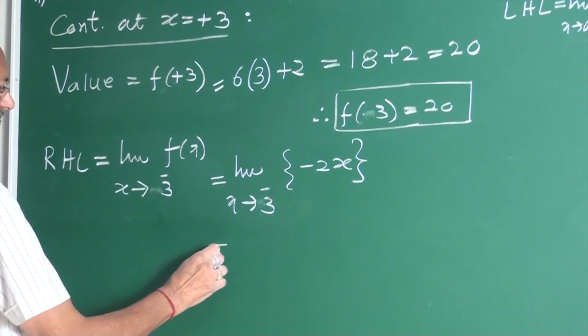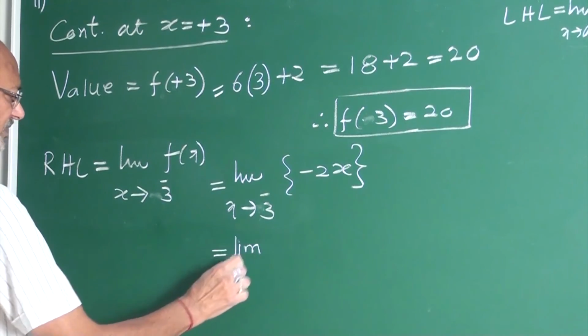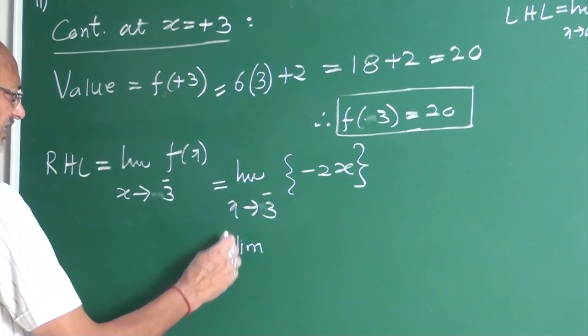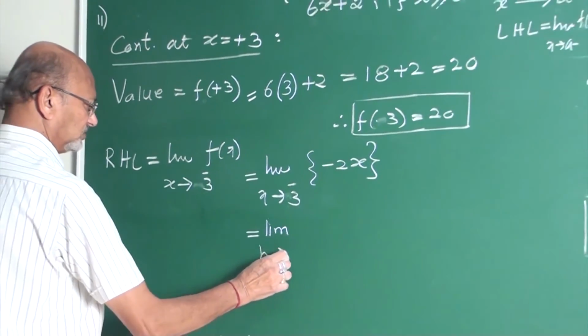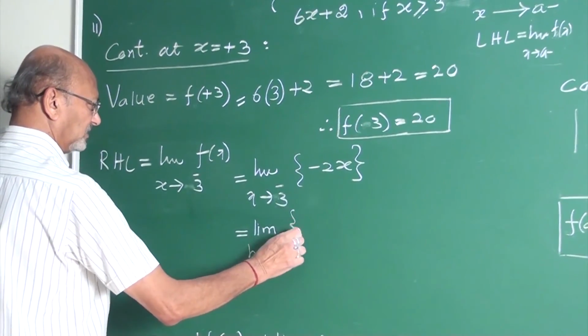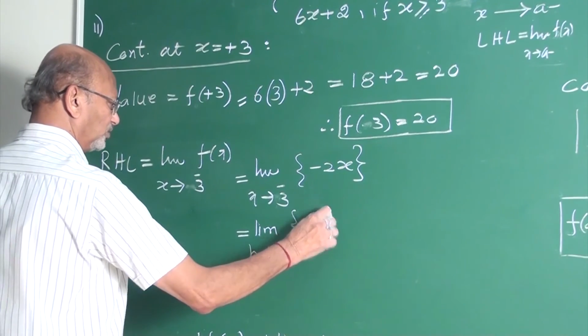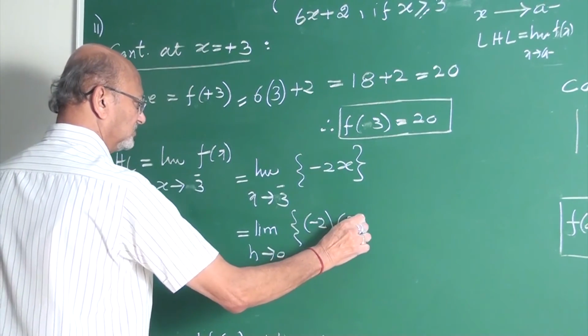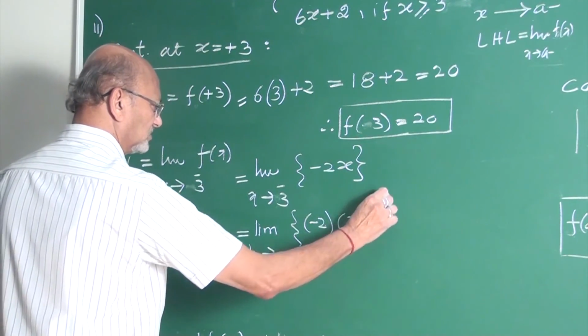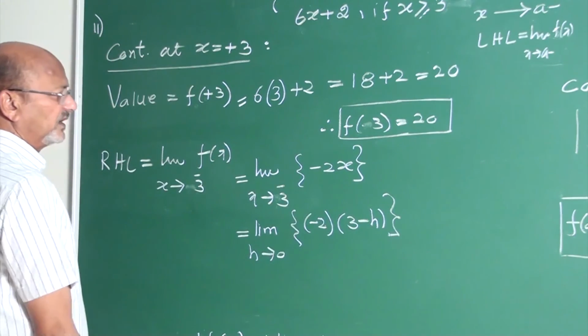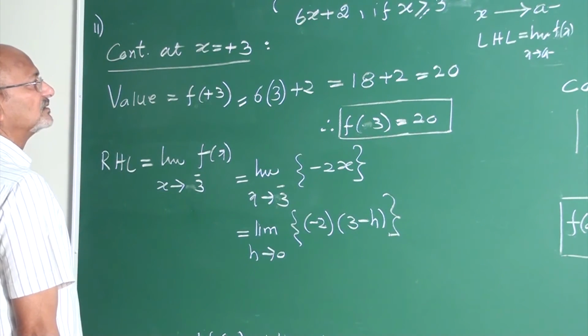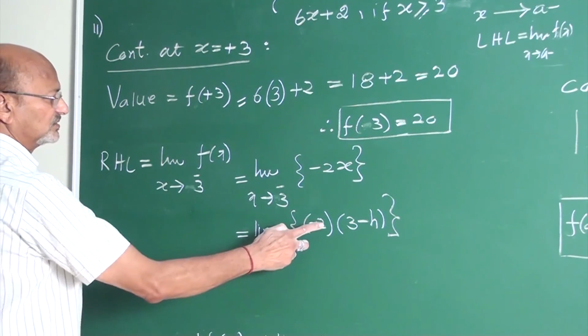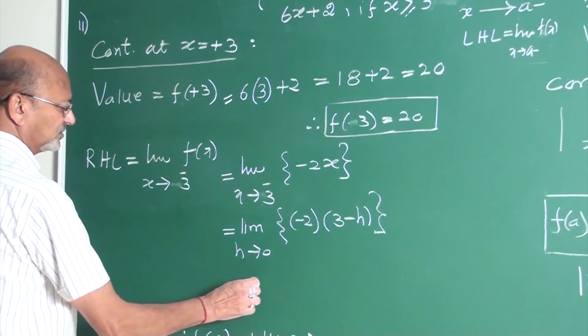Limit as h tends to 0, it is minus 2, replace x with 3 minus h. Put the value of h at 0.